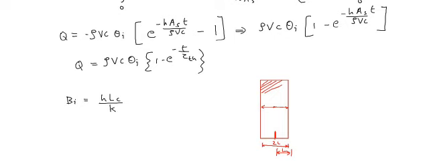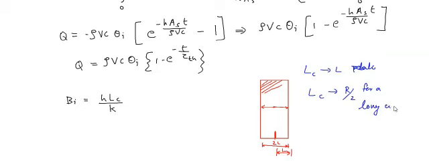Now for a rectangular plate, the characteristic length is L. So L_c is equal to L for a flat plate. Then we have L_c equal to the radius by 2 for a long cylinder.